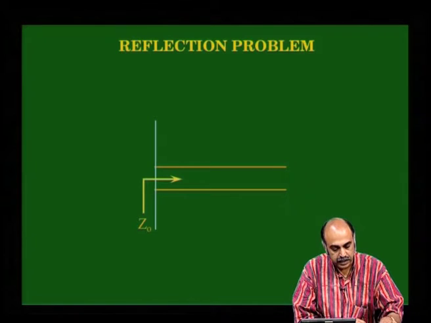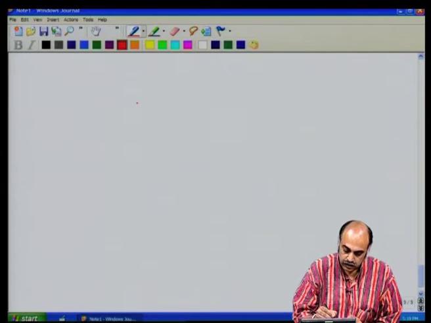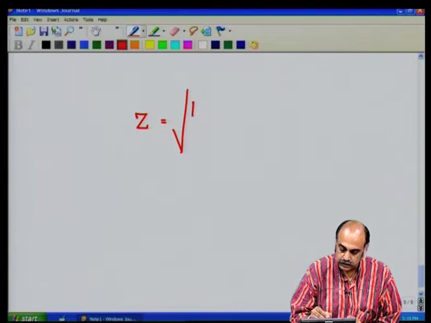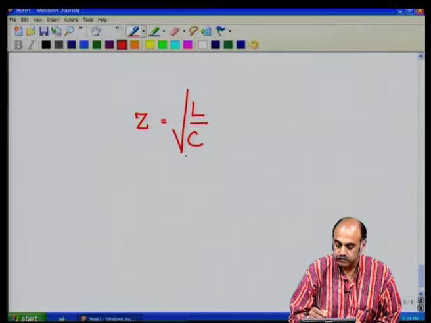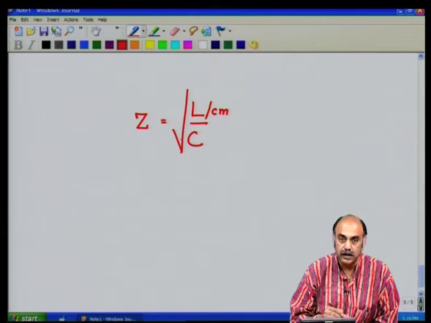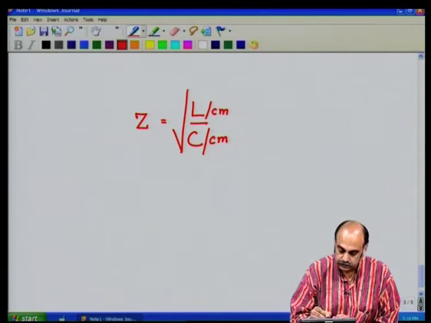When I say wave impedance, just a moment of diversion here: Z, the impedance, is given as the square root of L by C, where L is the inductance per unit length and C is the capacitance, in picofarads, per unit length.